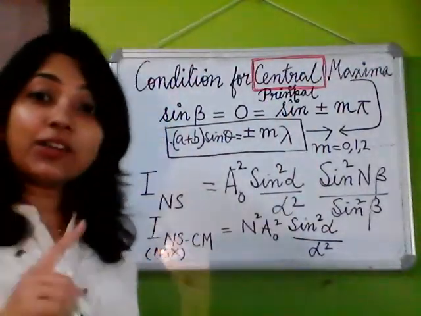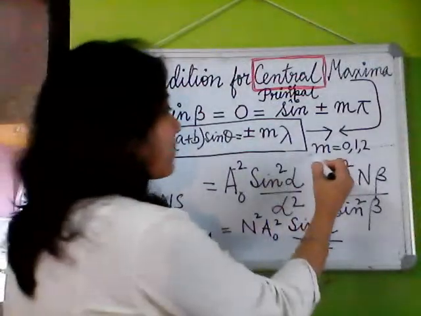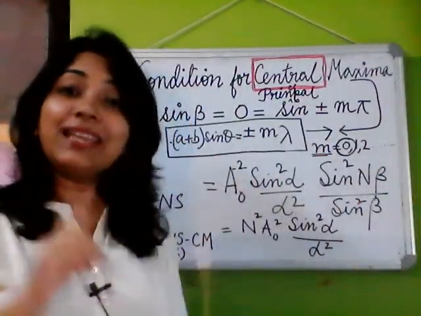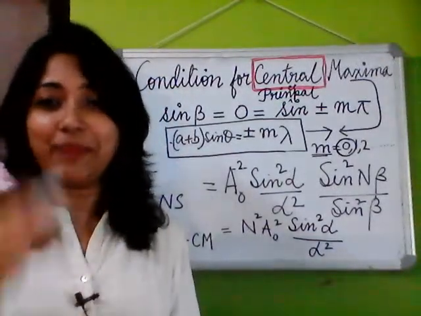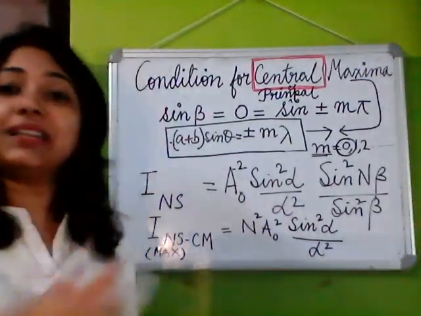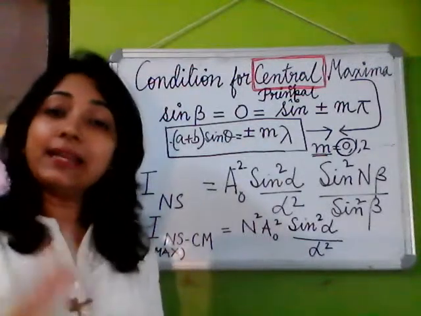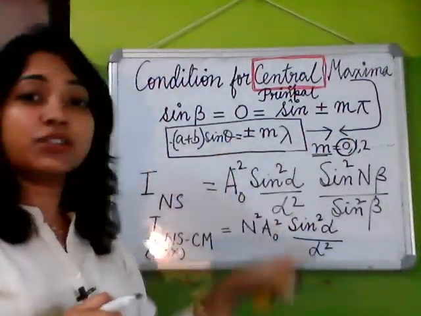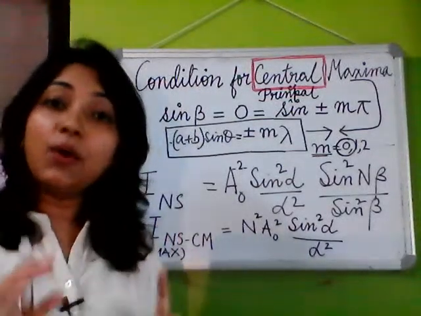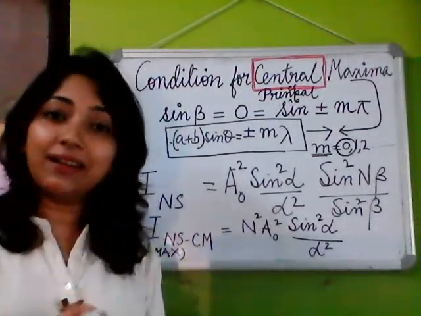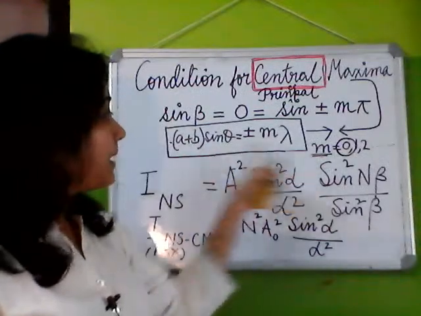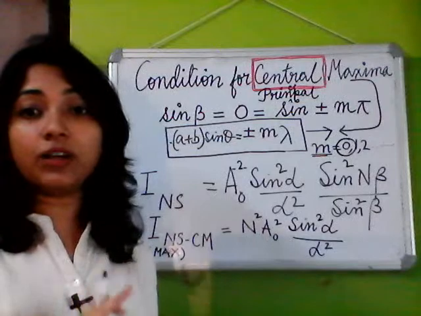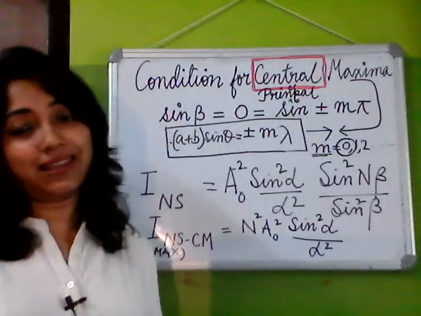And the particular condition where this m value is 0, only that should be called the central maxima. As I was going through the material yesterday, I found that it is good that we call all these maximas occurring at these conditions the principal maxima, whereas the one which is just at the center, where the value of m is 0, only that maxima we will call the central maxima.